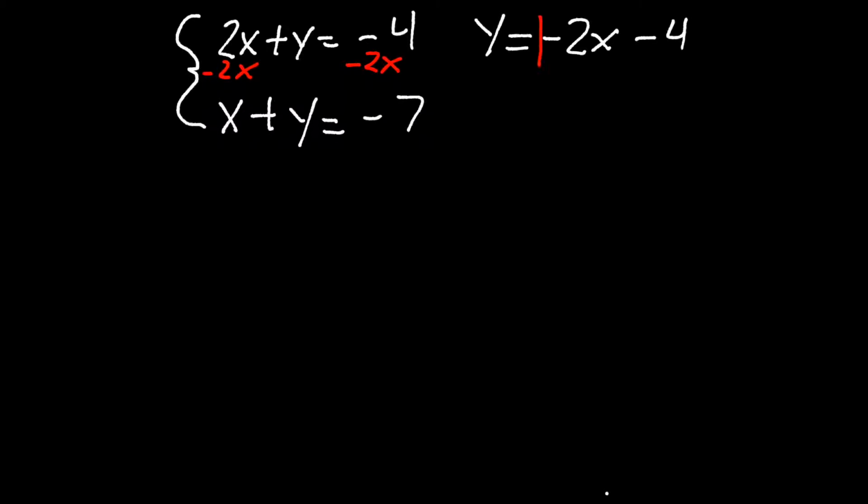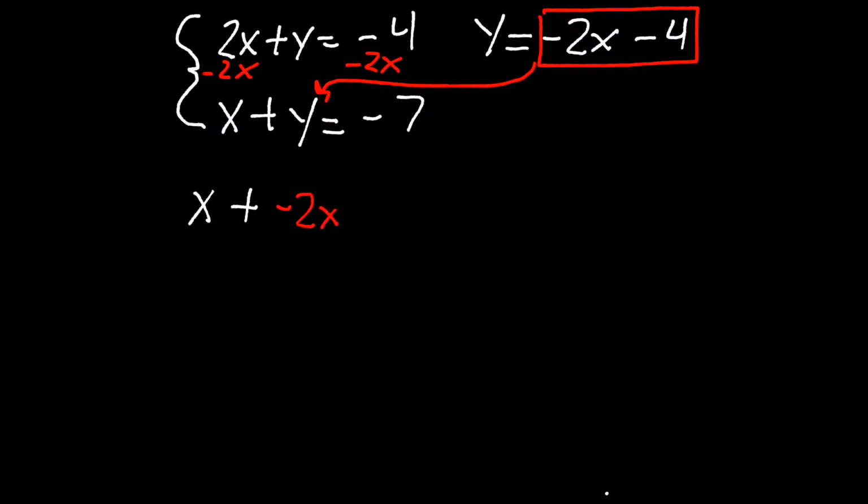So I can take y equaling negative 2x minus 4, and we are going to substitute that in to the bottom equation. So instead of having x plus y, I now have x plus the value for y, which was negative 2x minus 4. This was our original y value.